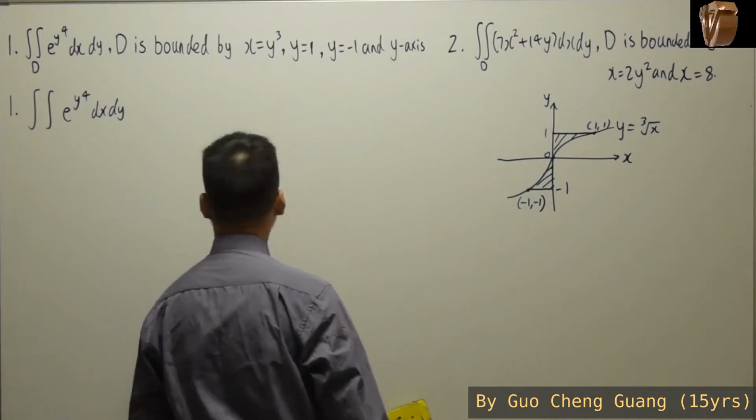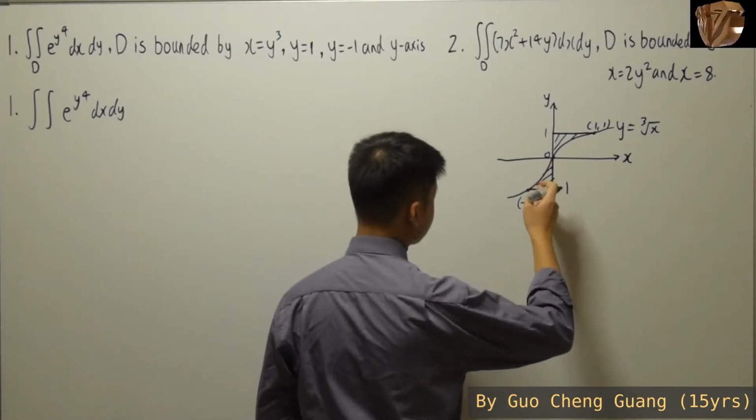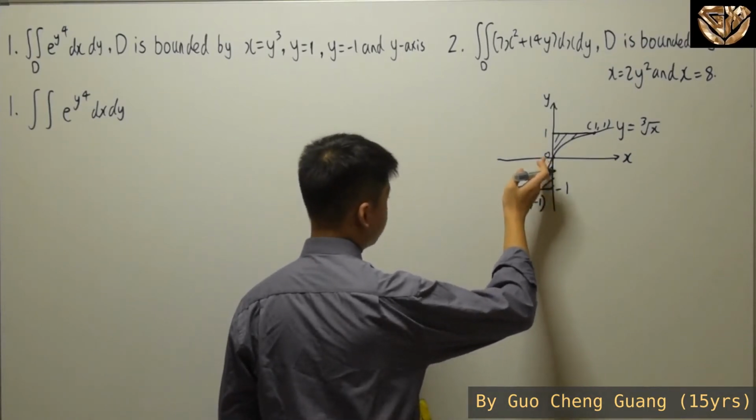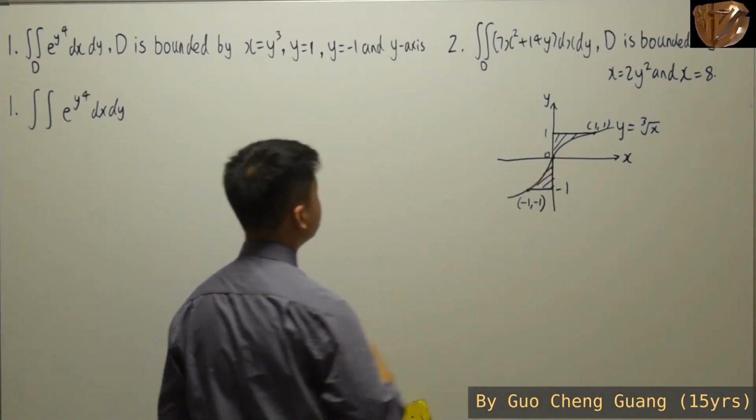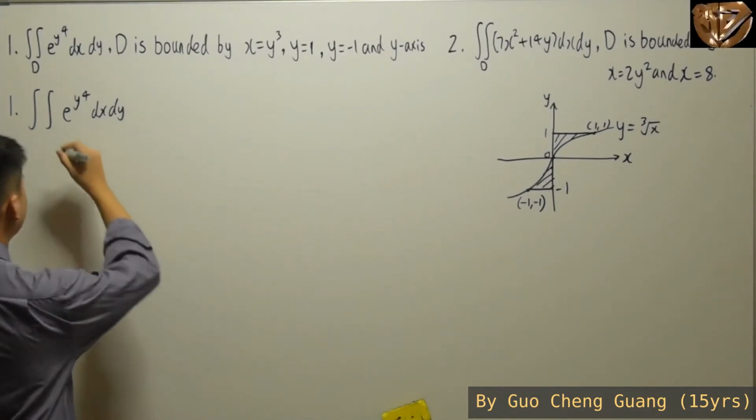Right. Now, we can take a look at the part that is below first, where you have x is equal to y cubed to x is equal to 0, since the y-axis is basically x is equal to 0.